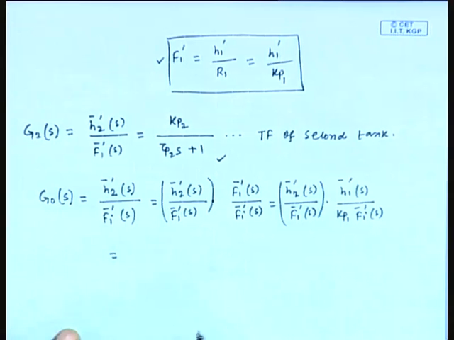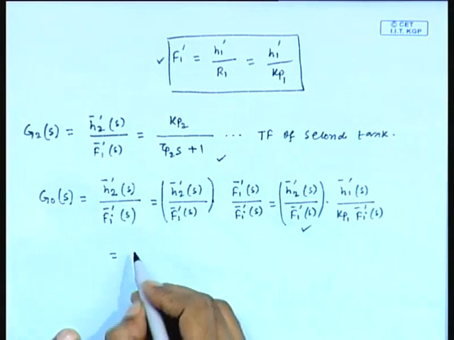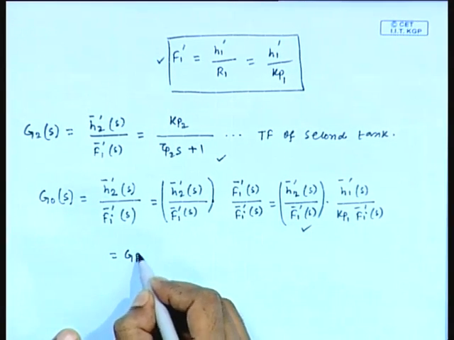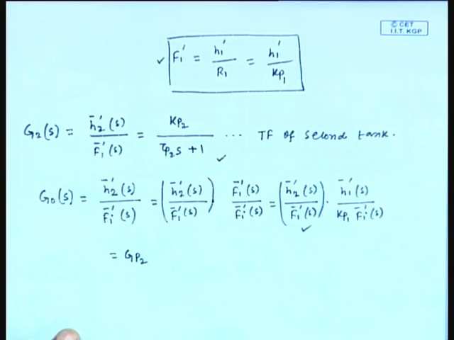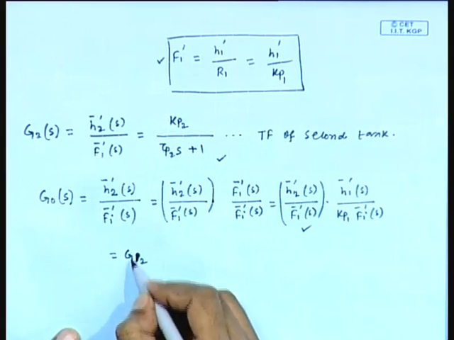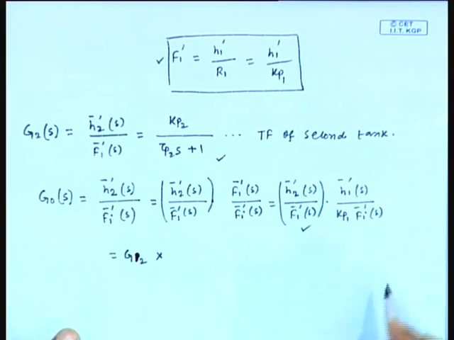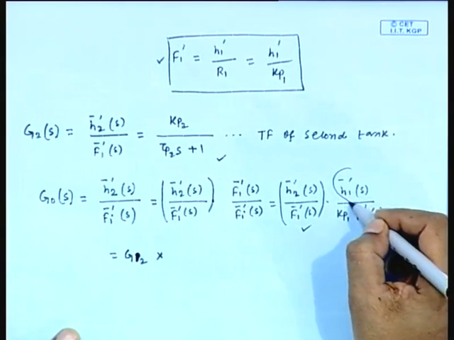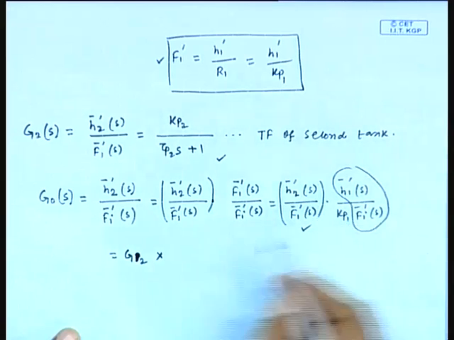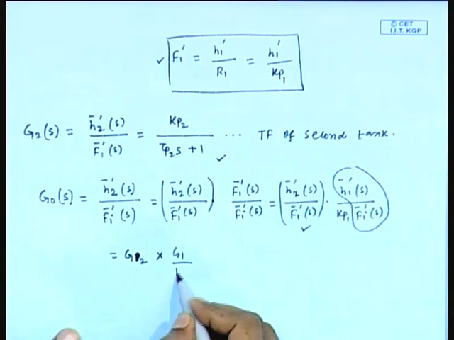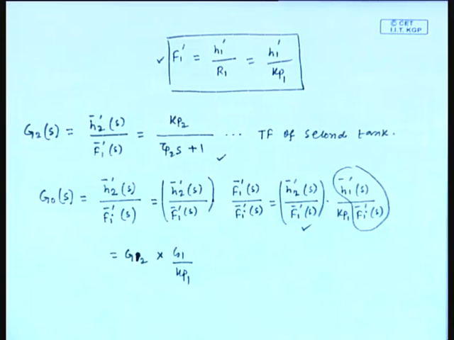So, the first term, this one represents not Gp2, that is Z2, and multiplied by this, which is Z1 divided by Kp1.